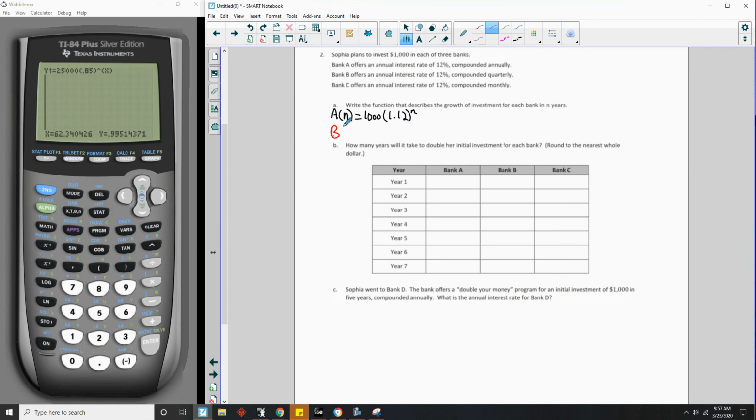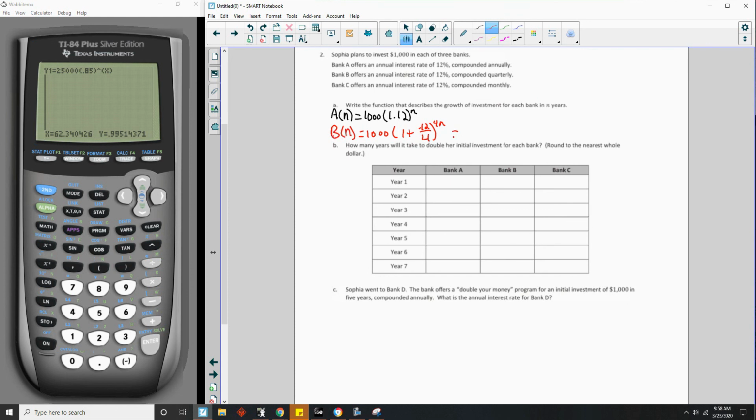Bank B would be B of n equals that same $1,000 times 1 plus my interest rate R, 0.12, divided by n, which is quarterly, so 4, all to the power of 4n.